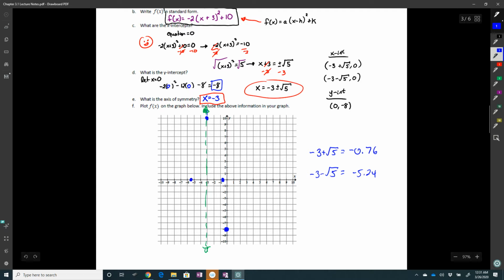Okay, so I have those points. And now there's one more point that we're missing. Notice that this is 3 units away. So there has to be another unit on the other side. So here, I call this the mirror point, because it's the side opposite to the y-intercept. But once you have all those, you can kind of create your graph.